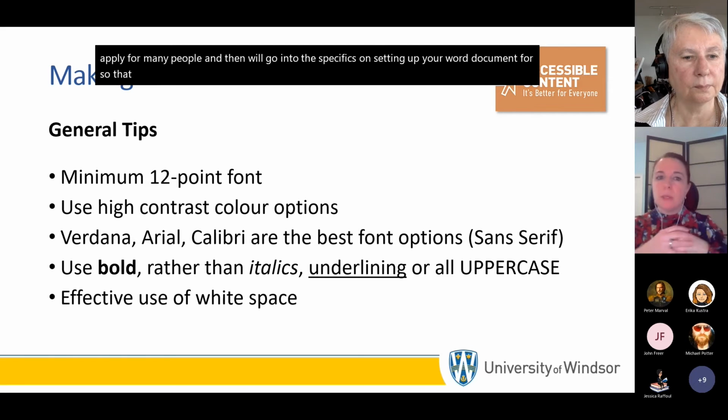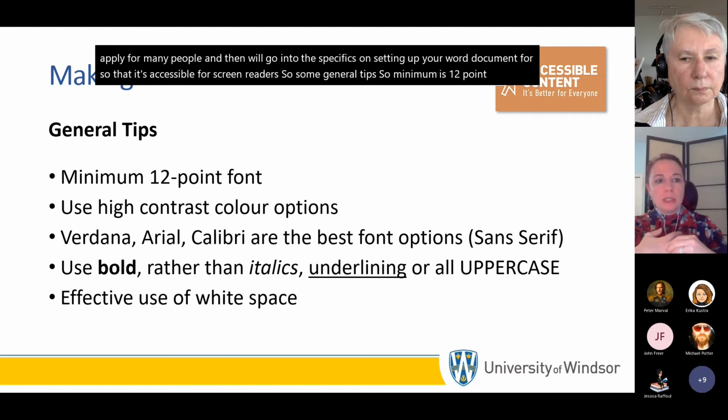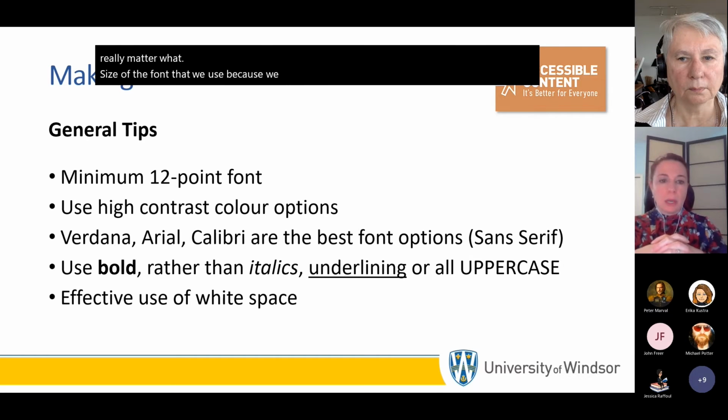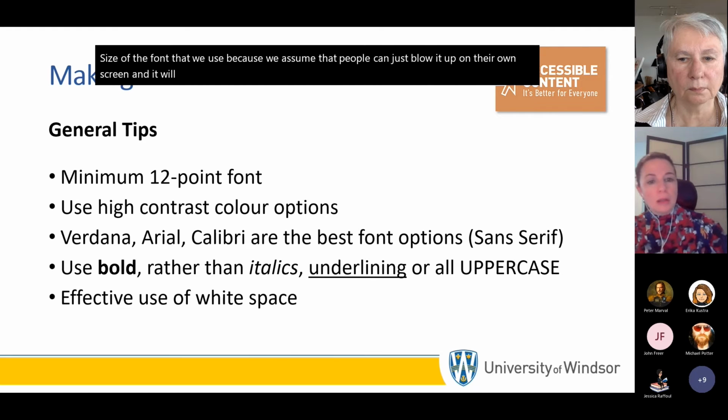So some general tips. Minimum is 12-point font. Sometimes when we create documents that are digital, we think it doesn't really matter what size of font we use, because we assume that people can just blow it up on their own screen and it will be fine. But there are some times that people will want to print off your documents.